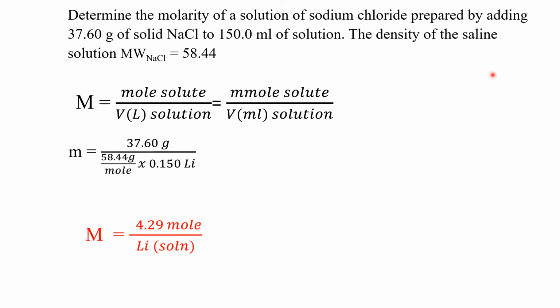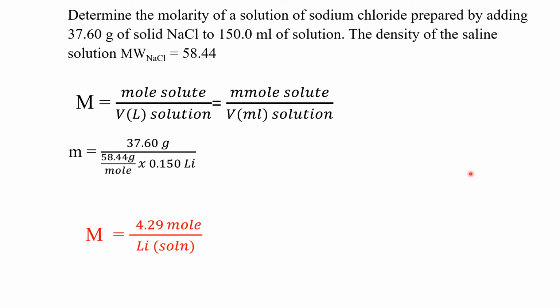We want millimole of solute per ml of solution. We are at grams now, so what do we do? We convert grams of sodium chloride to millimole of sodium chloride to get millimole per ml.